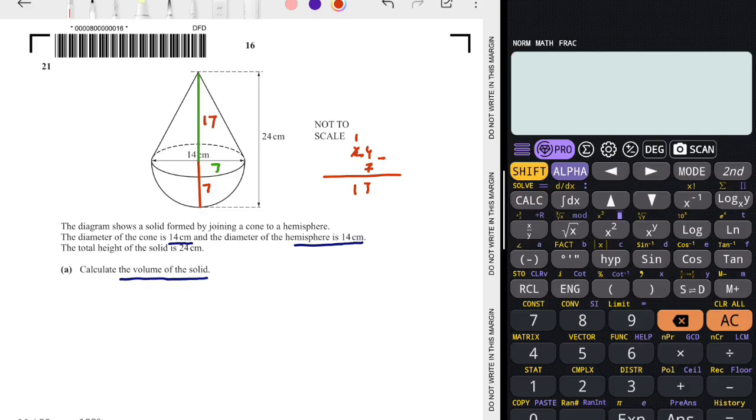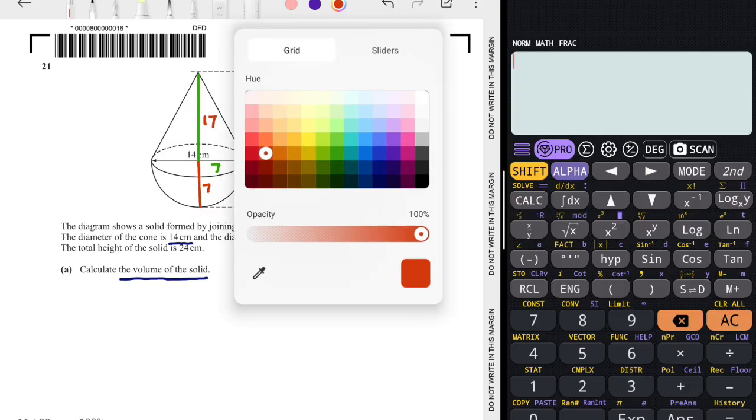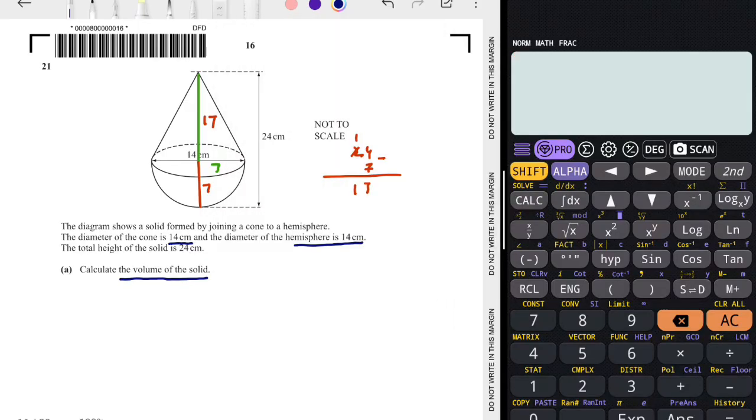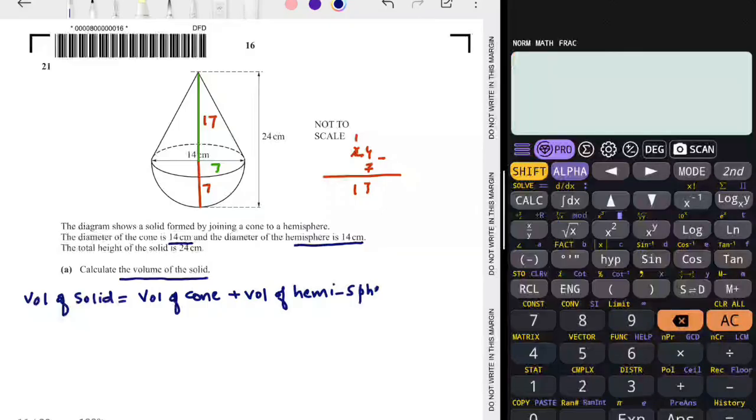Now we have to find out volume. So volume of solid would be equal to volume of cone plus volume of hemisphere. So let us write formula.